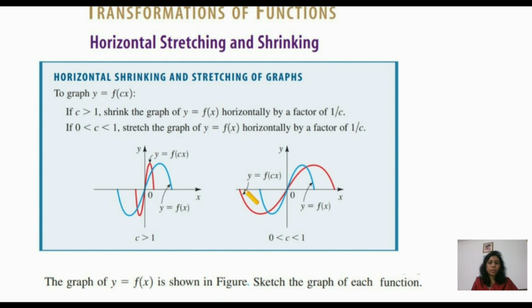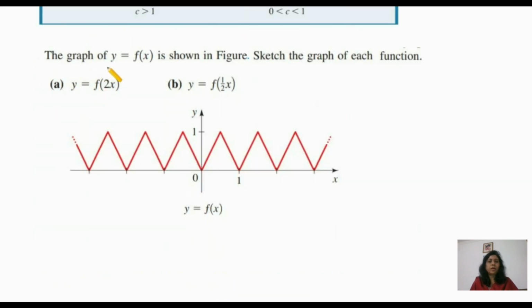Okay, here is the given question. The graph of y equal f(x) is shown in the figure. Sketch the graph of each function. So this graph is for y equal f(x). Okay, so we have to find y equal f(2x), and y equal f(1 upon 2 x).